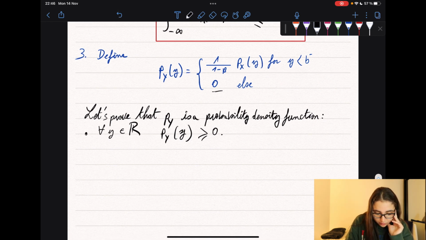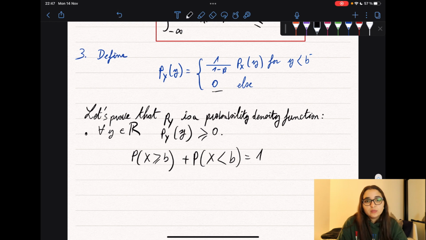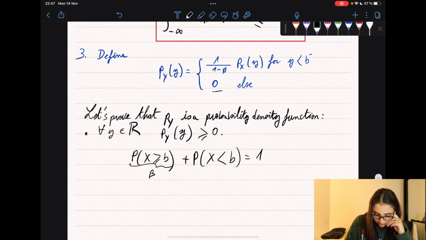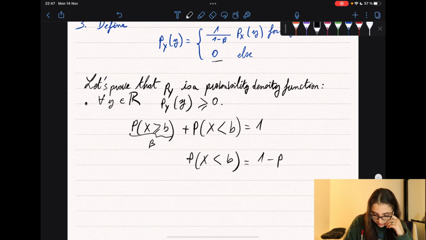So we know that the probability of x higher or equal than b plus the probability of x less than b is equal to 1, because here we are covering the whole space of possibilities, which is the set of real numbers. And so, since the first is equal to beta, this quantity here, 1 minus beta, is actually a probability. And it represents the probability of x less than b.